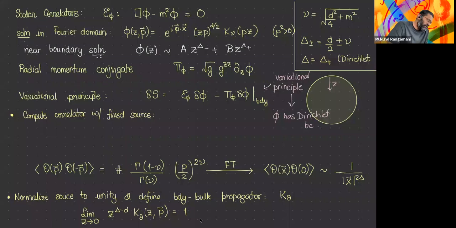So this mode, the coefficient A, usually with the coefficient of z to the delta minus, is called the non-normalizable mode because it's not normalizable with respect to the Klein-Gordon norm. This other mode is normalizable. I really am using a description that is slightly more adapted to the Lorentzian signature, because this mode in Lorentzian signature will be truly normalizable.